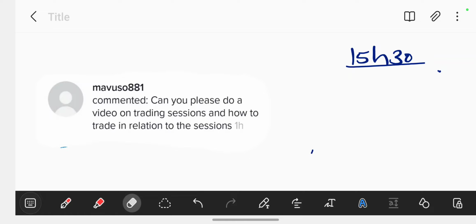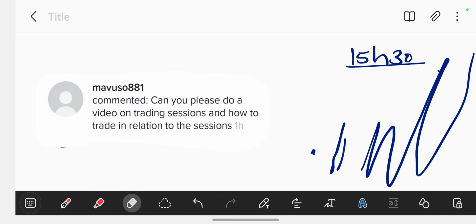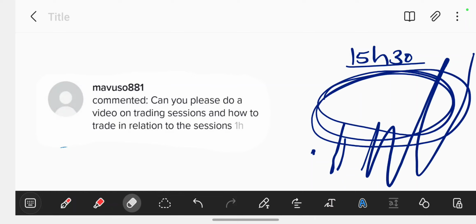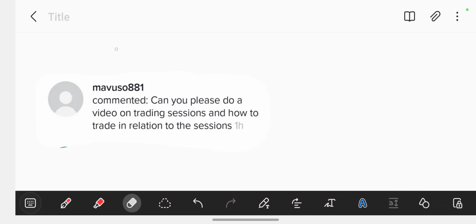So some people will open the smallest time frame, M5, and when it hits 15:31 and they see the candlestick there is green, they go and buy. But you can see the price doing this for 15 minutes and then doing that for 15 minutes, because the volatility is just crazy. That's why I don't want to obsess myself with the sessions. So I'll just trade. It doesn't matter what time.